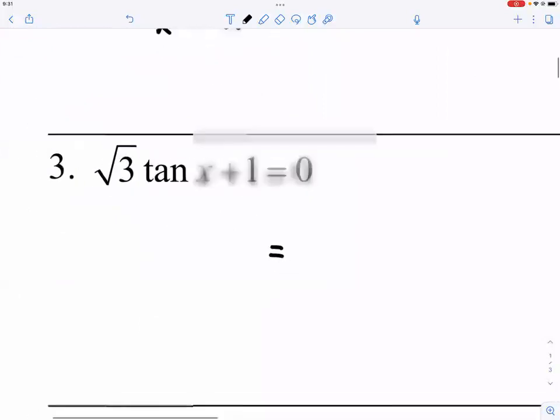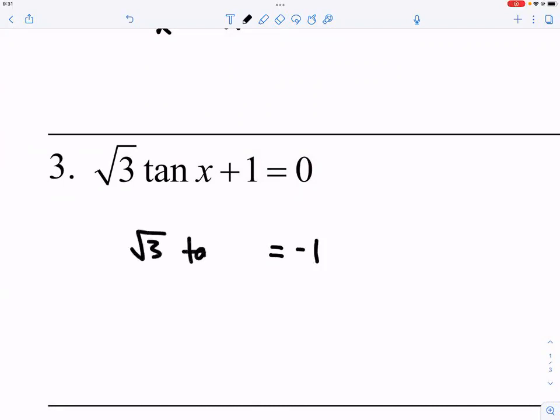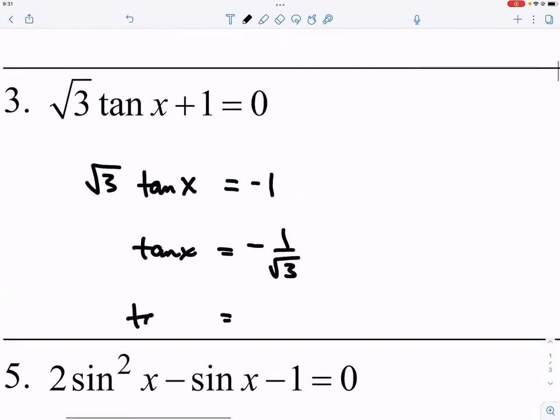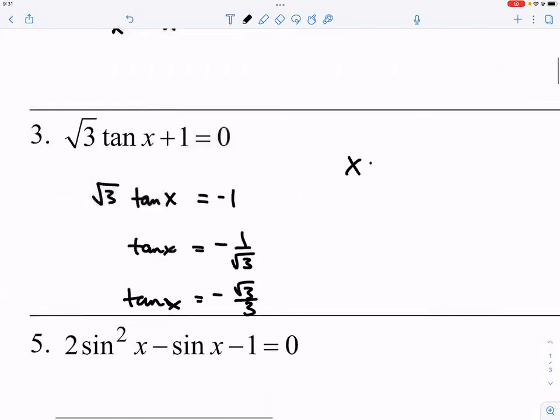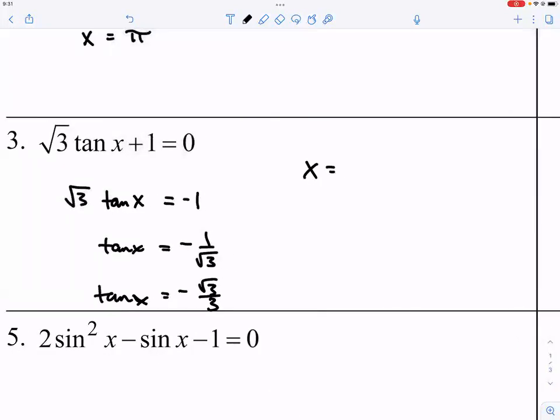All right, for number 3, we have -1 on the right when we move the +1 over, and then we have tangent x equals -1 over √3, which you can think of as -√3 over 3. So what could x be? That would be quadrant 2 and quadrant 4, so that would be 5 pi over 6 and 11 pi over 6.